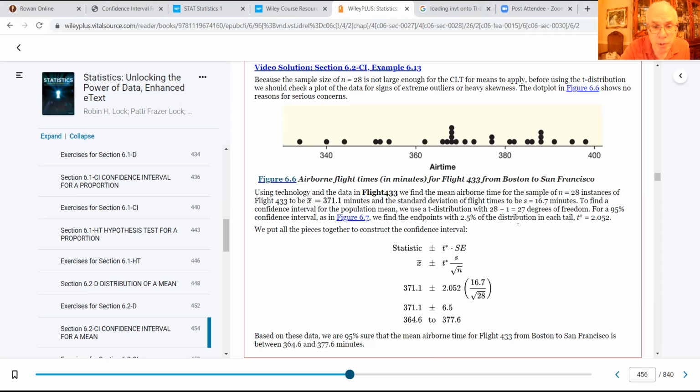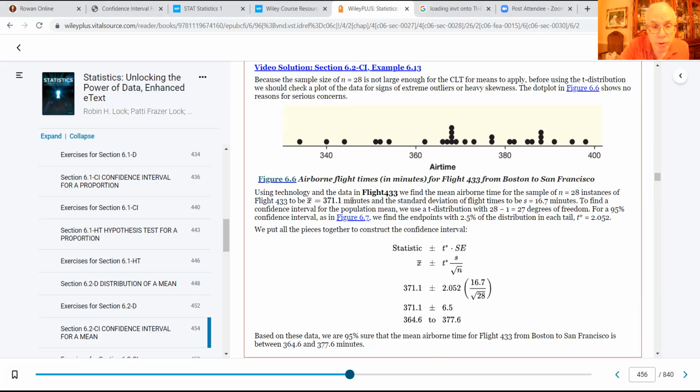Now it says for a 95% confidence interval, let's calculate it. Well, x bar, the mean, is 371.1. If you put this data into your calculator, all 28 values, and went to one variable statistics, you would see that the sample mean is 371.1 and that the standard deviation s, remember that's the sample standard deviation, is 16.7.